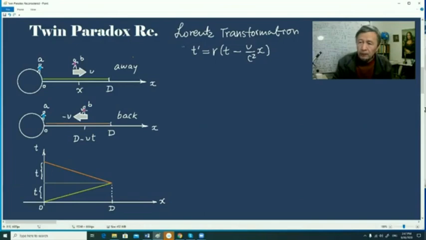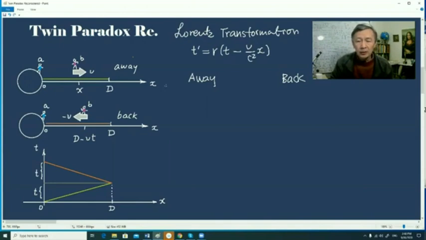To use this formula properly, we divide the journey into two parts. One is called away, another is called back. It's very important that when you apply the Lorentz transformation, you specify which frame of reference you are choosing. It is important to specify which observer is making such claims.